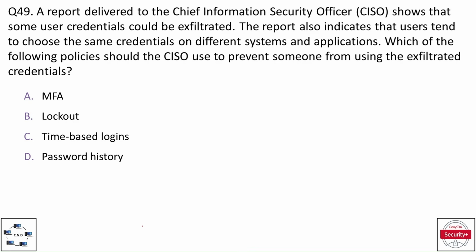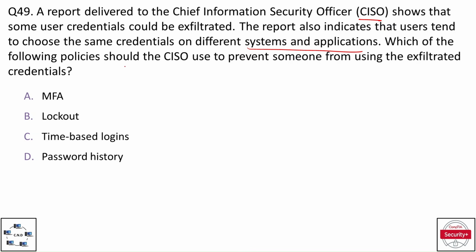Question number 49. A report delivered to the Chief Information Security Officer, that is CISO, shows that some user credentials should be exfiltrated. The report also indicates that users tend to choose the same credentials on different systems and applications.